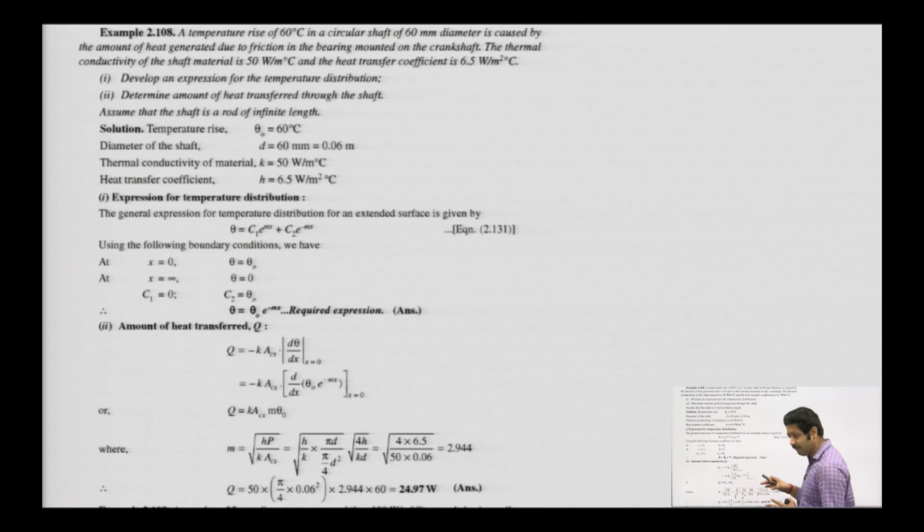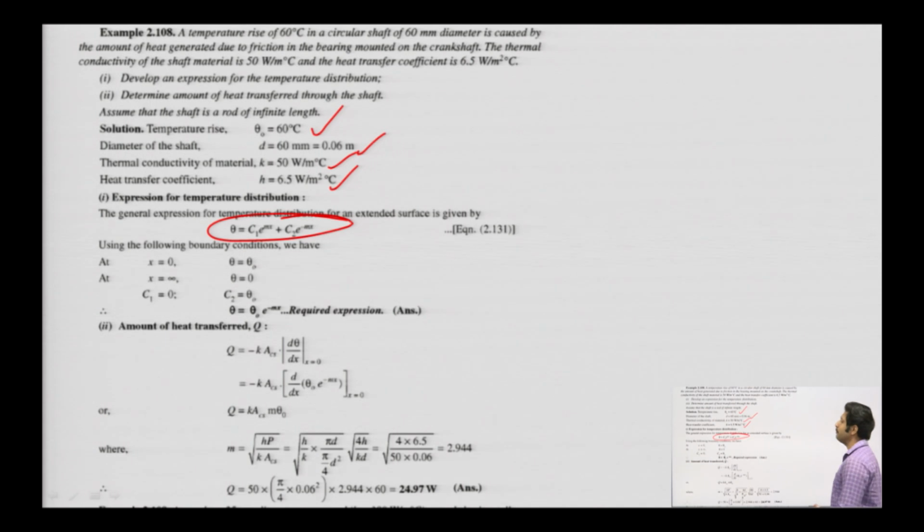So we are pretty much clear what kind of formula we're going to use, because they are actually telling us that you need to use the rod of infinite length. The temperature rise is given, the diameter of the shaft is given, thermal conductivity is given, and heat transfer coefficient is given, and we all know that this is the general solution of the second order differential equation.